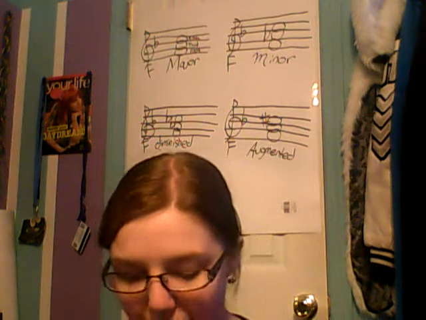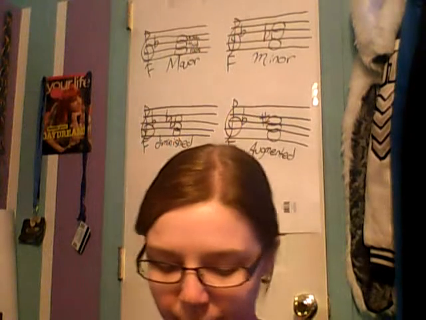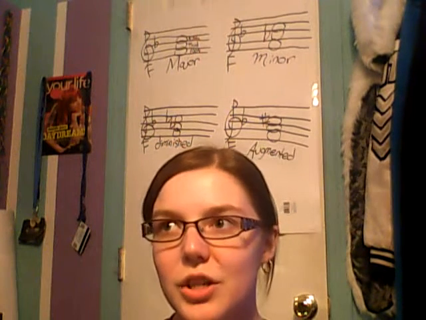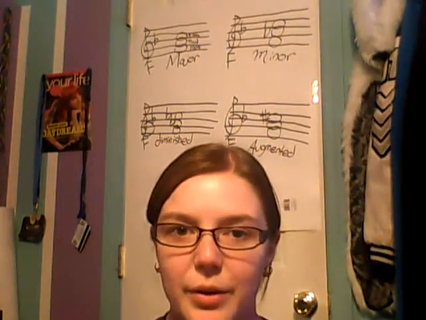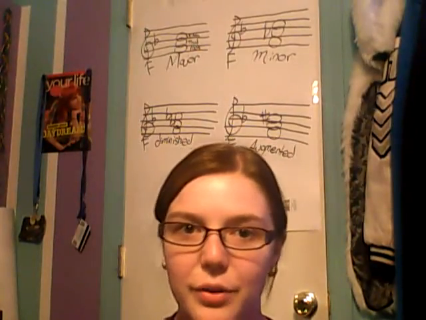Finally, we have your major, minor, diminished, and augmented chords that we just went over. You have the root of the chord, and the third and fifth for the major will stay the same.